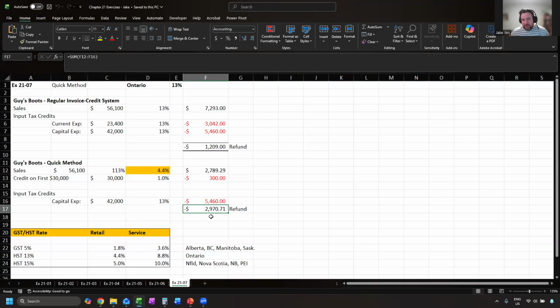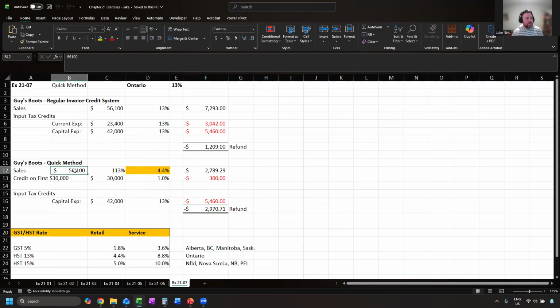The thing about the quick method is if you use it, you're kind of required to use it for the next year. We'll have to use it for every quarter. So once we do it once, we get our refund. If the next quarter we realize the quick method gets us a smaller refund, we're kind of locked in.